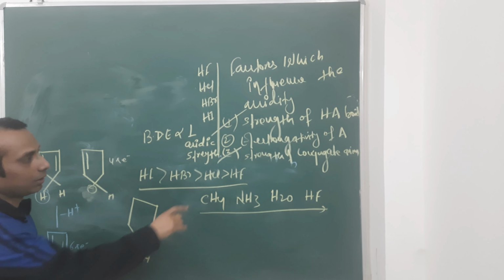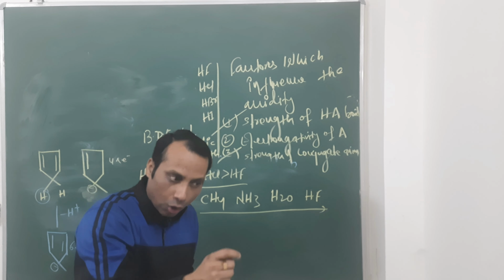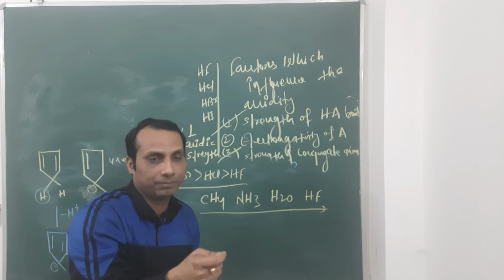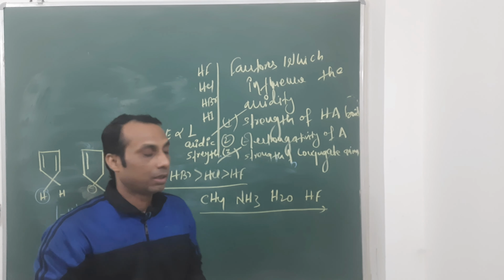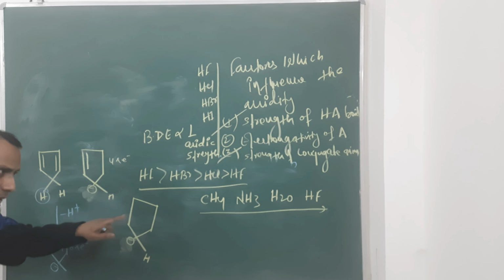I hope you understood the strength of the conjugate anions. How stable the conjugate anion is decides the acidity. So this compound is more acidic than the second and then the third. Correct? Okay, students. Now one more factor.